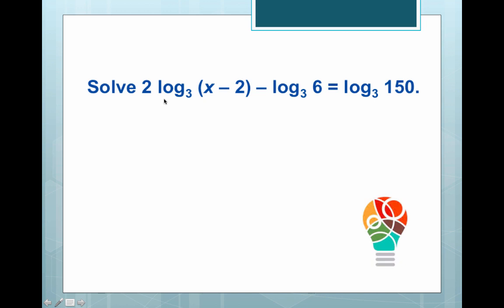Same thing here. I got a little bit more going on. I got to be a little bit careful. So I'm going to move this guy up here. I guess there's a few different ways you could do this.